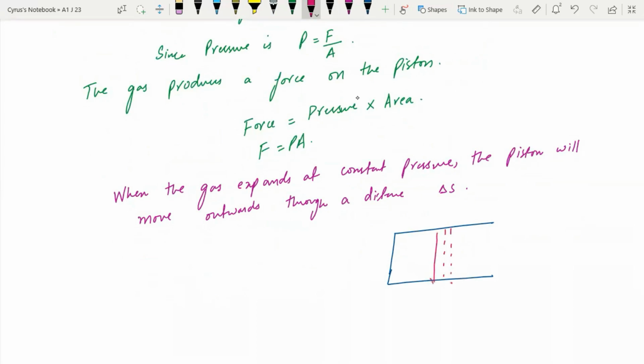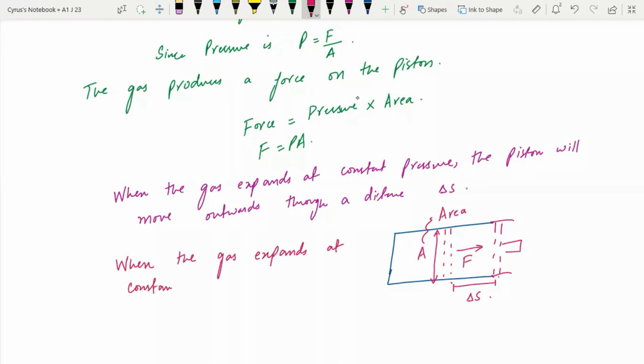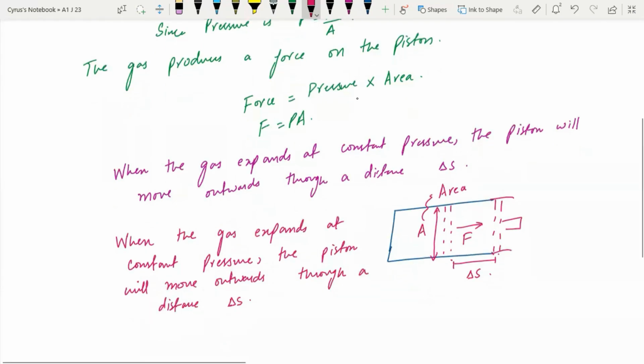This is the area A, and for example, the force is F, and we have the distance delta S. So when the gas expands at constant pressure, the piston will move outwards through a distance delta S, right?